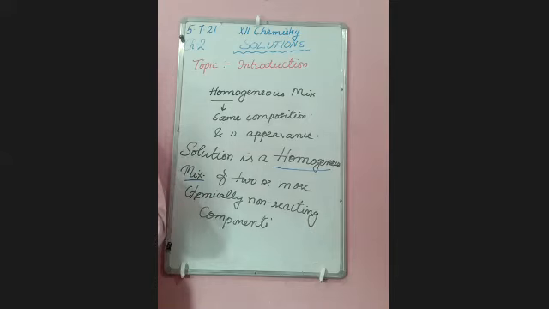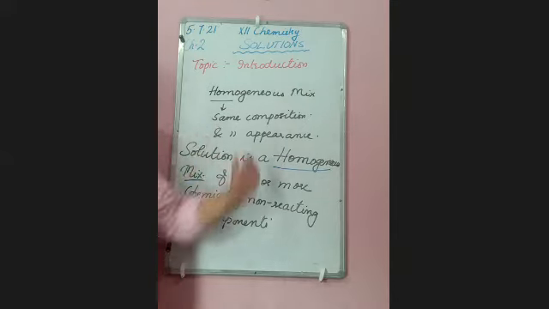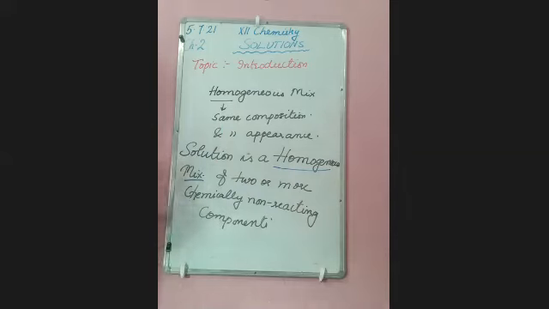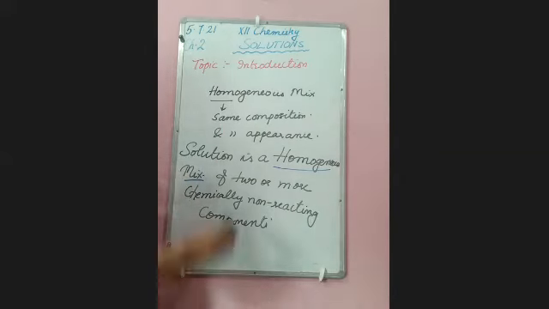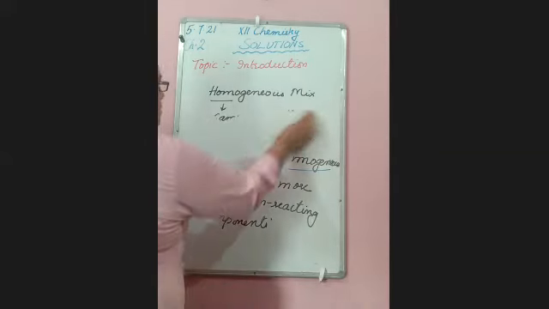Whenever the lemonade is formed, its composition is same throughout the glass. Whether you are seeing it from the top or from below, its composition is same and its appearance is also same.